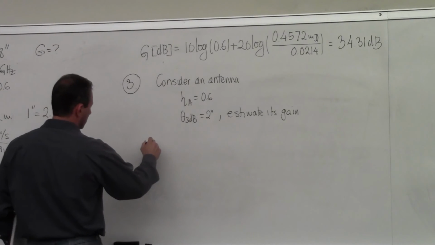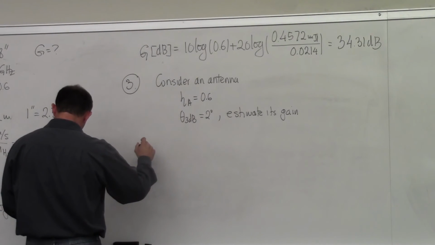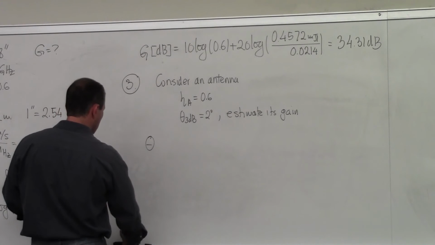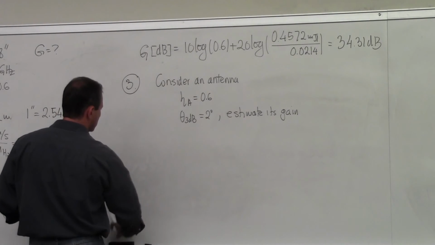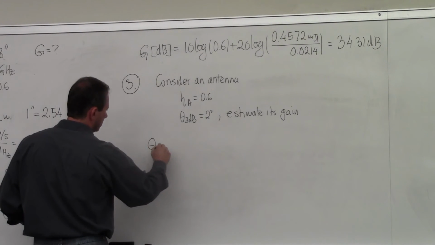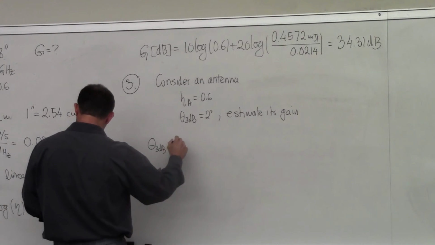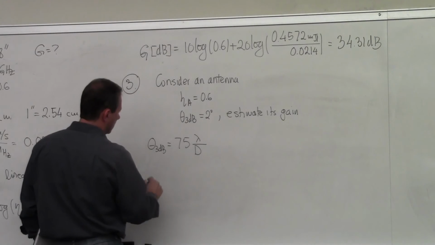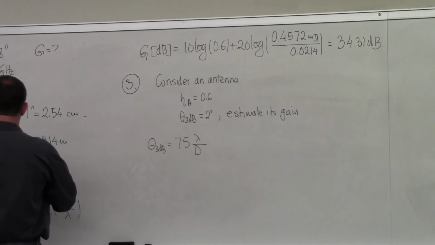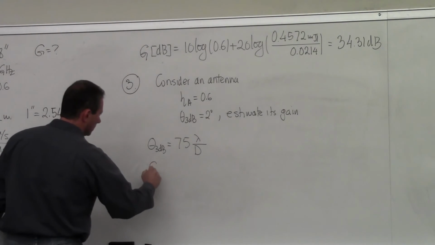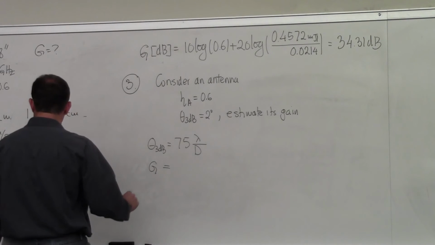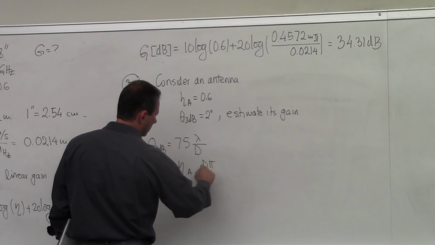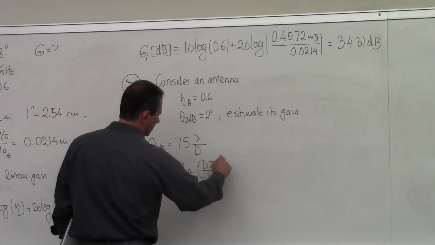We had that relationship again, the one on the board. We start by saying 3 dB beamwidth is equal to 75 lambda over D. And then we also have the relationship that the gain of the antenna is efficiency times (D pi over lambda) squared.